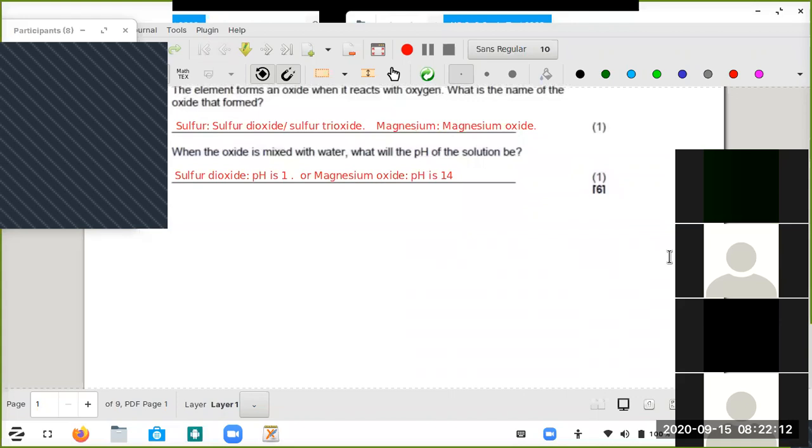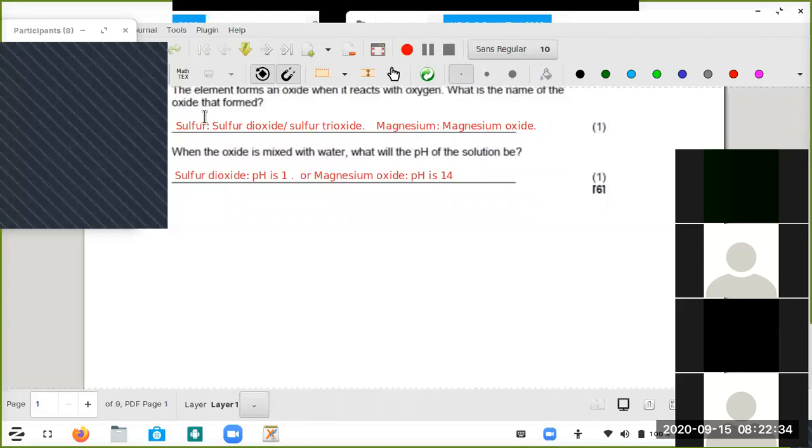Then 9.6. If there's a question, please unmute yourself, then you can ask, right? The 9.6: when the oxide is mixed with water, what will the pH of the solution be? Now, again, we are going back to our 9.5.